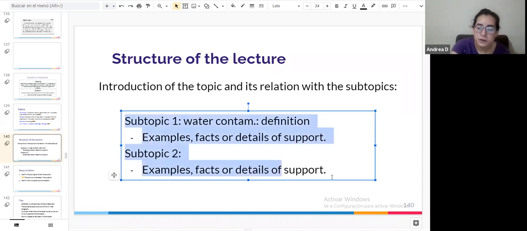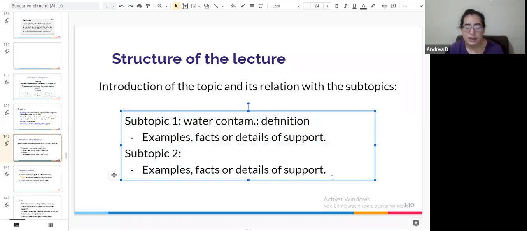Now, what is important is what comes next. The professor will break down that topic into two subtopics. Whatever it is, you will always have two subtopics. If it's pollution, for example, maybe you have two causes of pollution, or two effects, or two ways to solve it, or two theories on how it works, or two definitions of the word pollution.